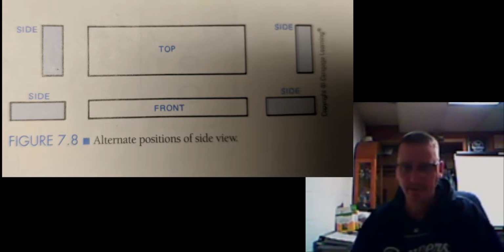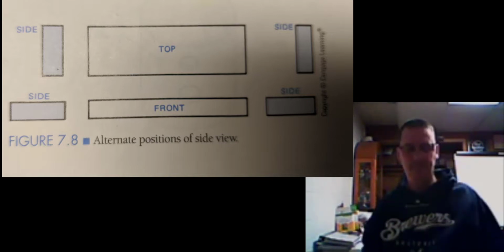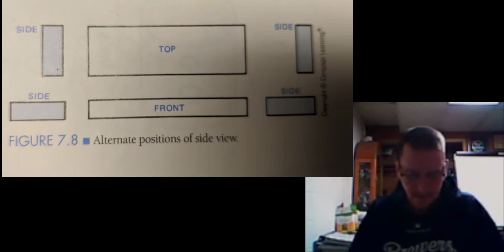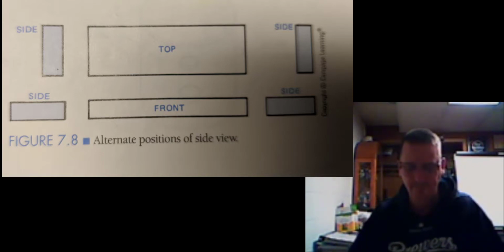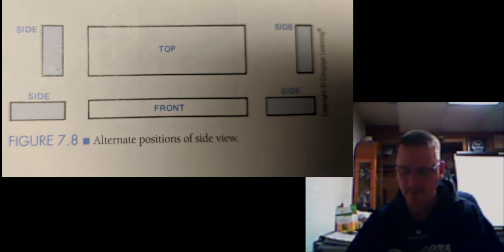Looking at figure 7.8, note that the side view can be placed to the left of either the front or the top view. Alright, so let's talk about 7.8 here for a minute. The bottom viewpoint would be the regular.